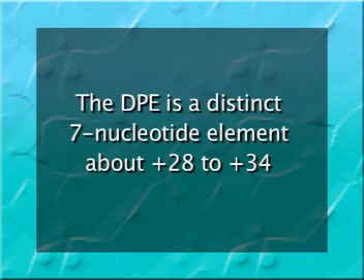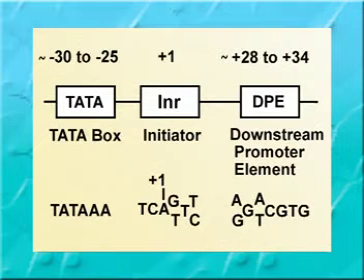The DPE is a distinct 7 nucleotide element that is located at about plus 30, typically from plus 28 to plus 34 relative to the transcription start site.